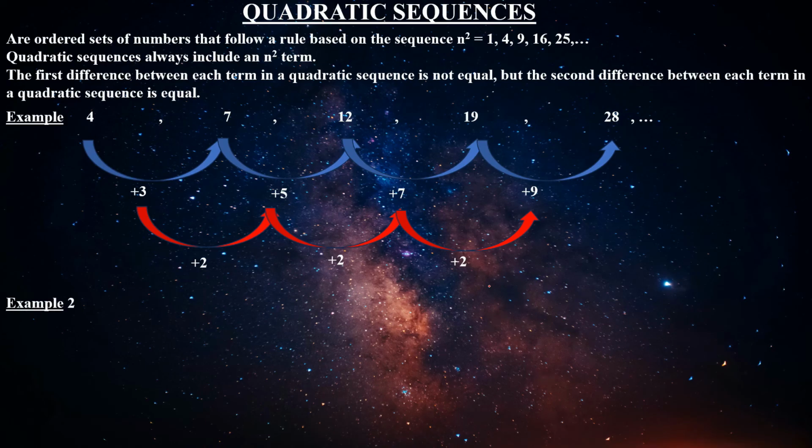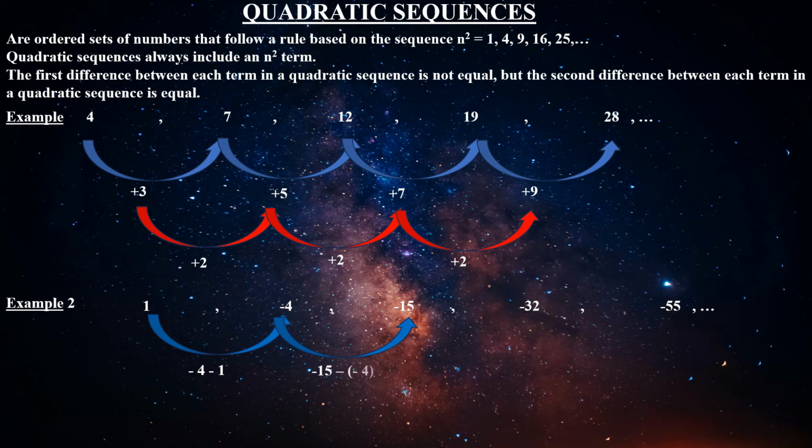So let's go to another example. This one, as you can see, is all positive. A quadratic sequence may include negative numbers, right? So let's have 1, negative 4, negative 15, negative 32, negative 55, going on. From 1 to negative 4, we're going to say negative 4 minus 1. Then negative 15 minus the previous term, and you have to take note of the sign of 4, it's negative.